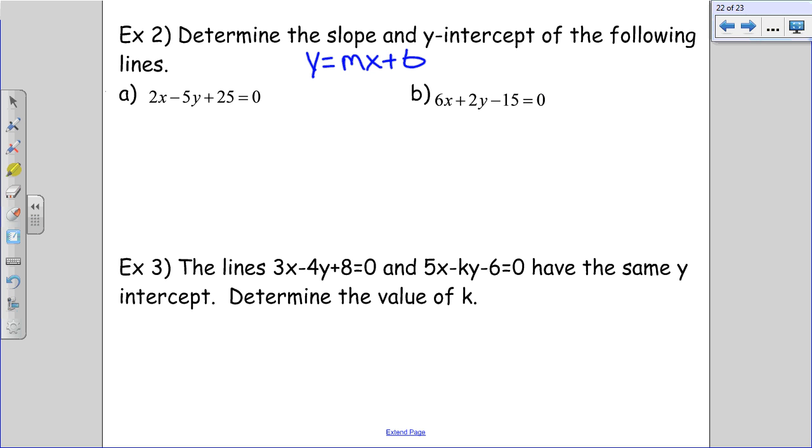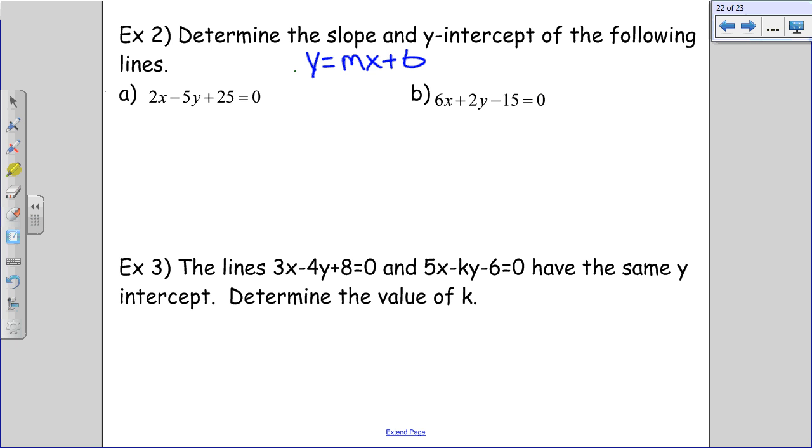It's up to you to be able to figure out when it's useful to convert. That make sense? You have to be like, slope-intercept means I should be in slope-intercept form. I'm currently not. I need to change it. To change it into slope-intercept form, you need to have y by itself. Right? Y on one side by itself.